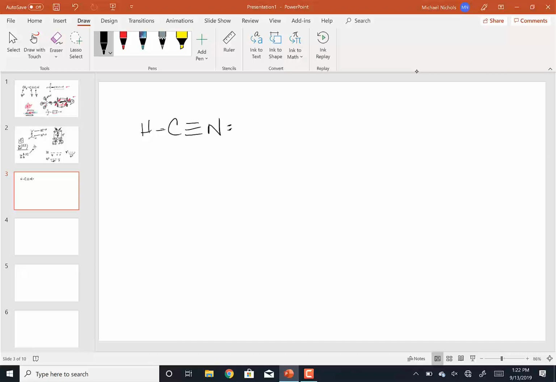HCN. Or is it the double bond that's throwing you? I don't think it's the double bond. Okay, it's the process? Yes. Okay.